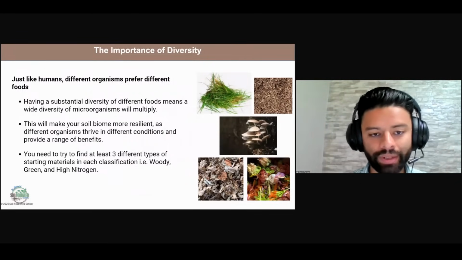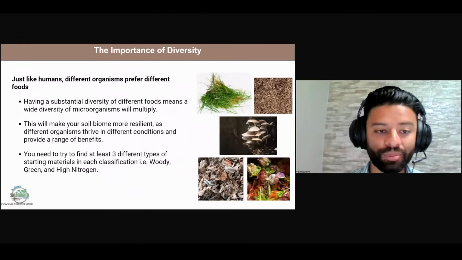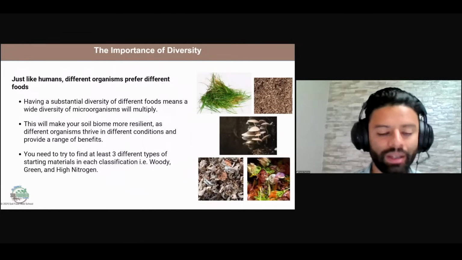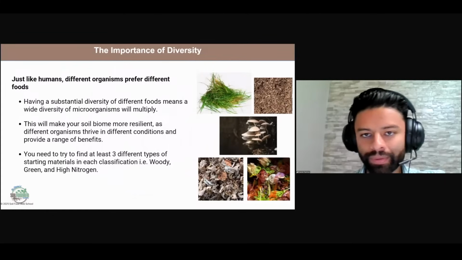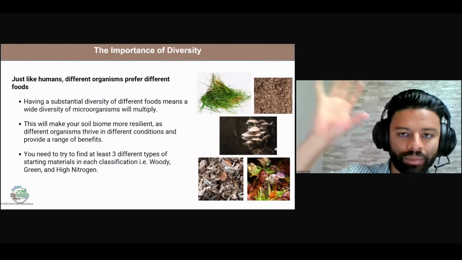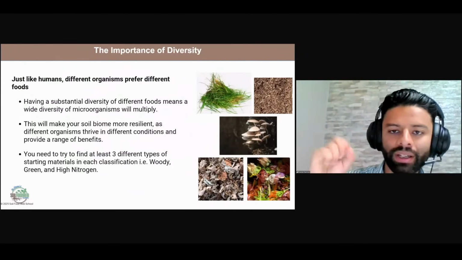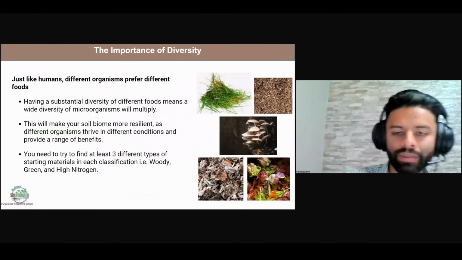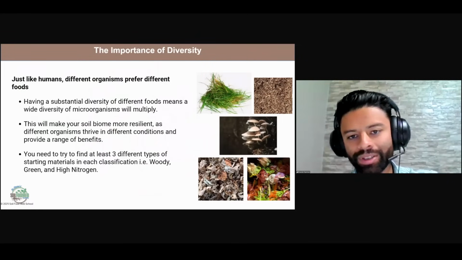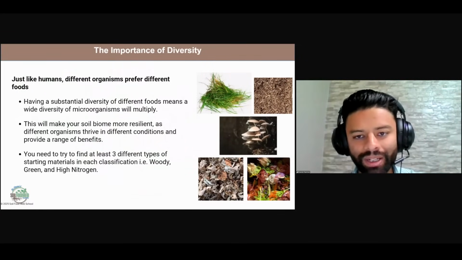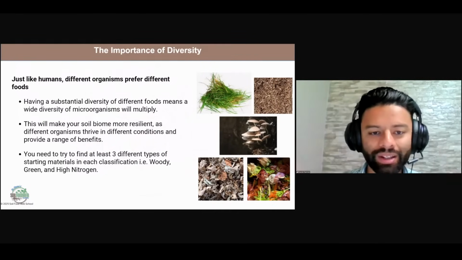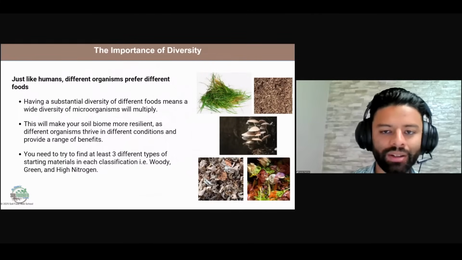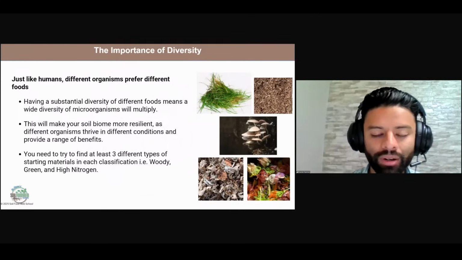So if you have a good diversity of these materials and you have a good proportion of them in your piles, some of them will be preferred by the fungi, some others will be preferred by the bacteria. If you have the bacteria, you will stimulate certain types of nematodes and protozoa. If you have the fungi, you will stimulate some microarthropods and some fungal feeding nematodes. So basically your foods are influencing the different things that you're bringing to your compost pile, to your inoculum source, right?